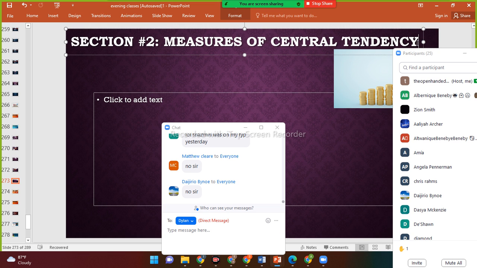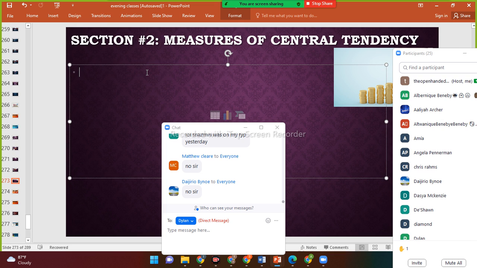All right, let me help you. When I say measures of central tendency, the measures of central tendency are mean, median, and mode.